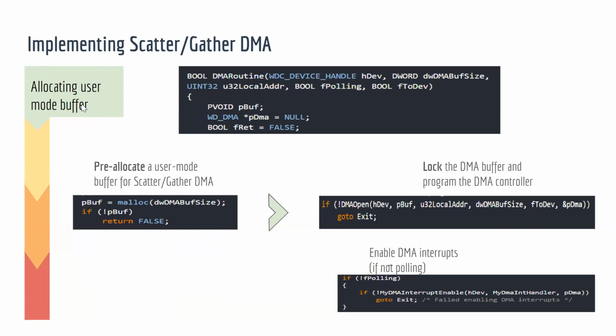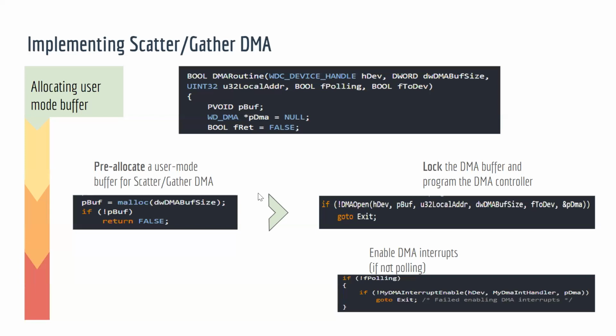So when we're allocating the buffer, a few things are set here. These are snippets from the documentation. You can go to the relevant section in the documentation and see it there. But when we're allocating the user mode buffer, these are the operations that are taking place.